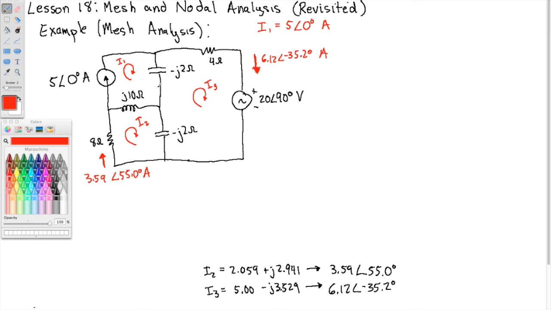So we've got a couple of things left. What is this current here? Call this IX. What is this current here? Call this IY. And what is this current here? Call this IZ.